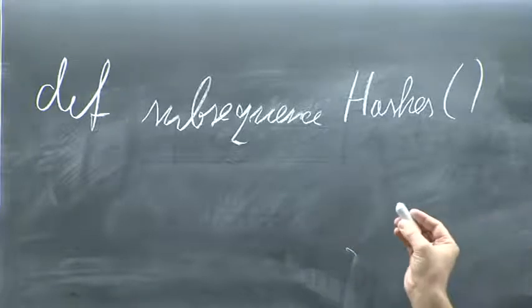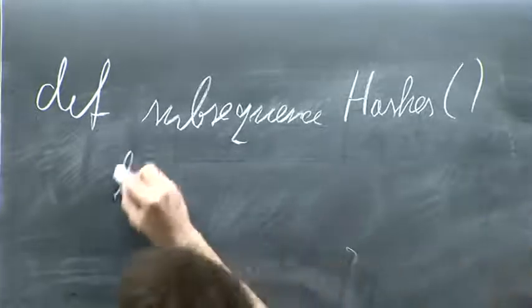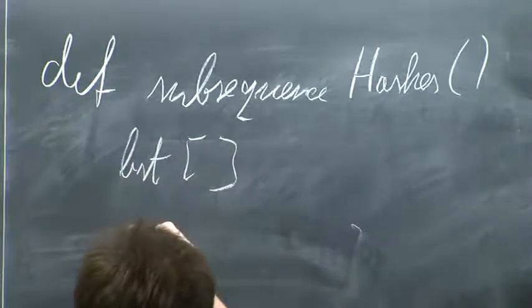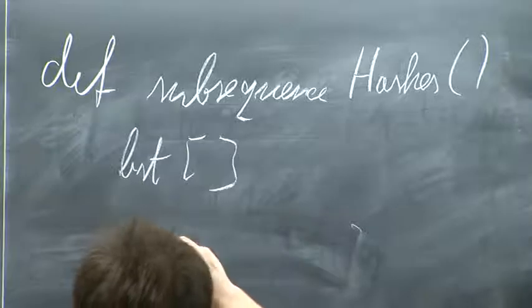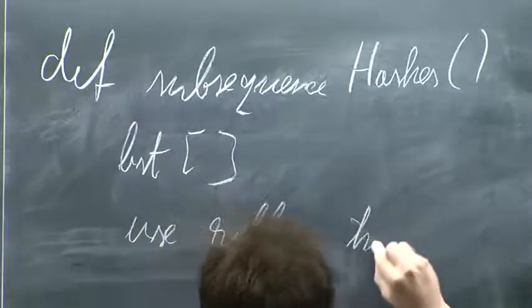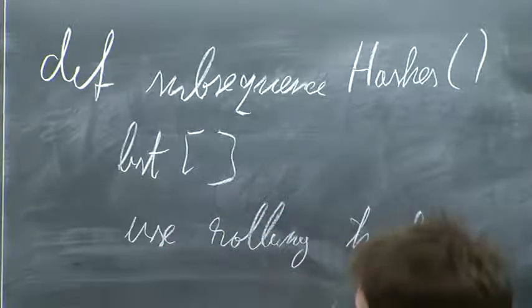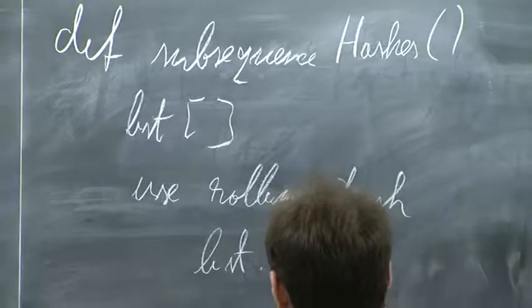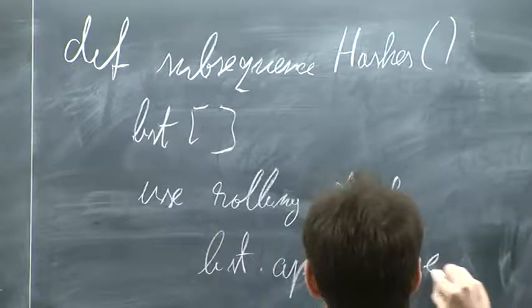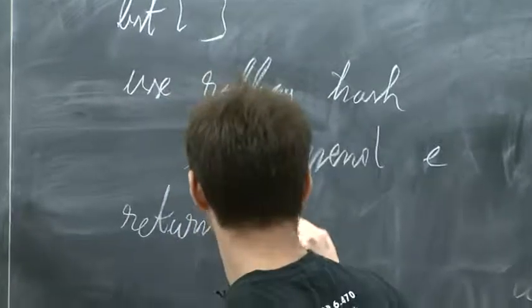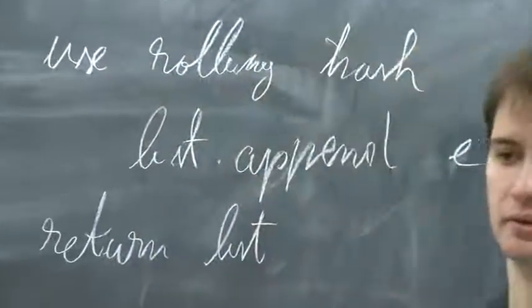The next best way is to make a list, right? So you're going to start with an empty list. Then you're going to use the rolling hash in some way. And in some loop, you're going to say list.append e, and then you're going to return the list. Does this make sense?